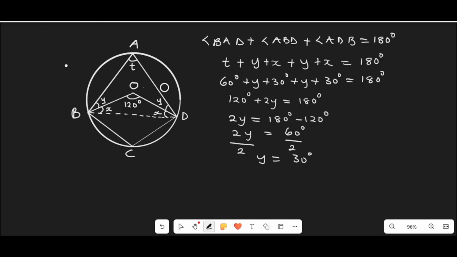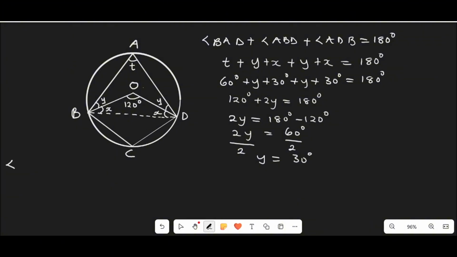Now let us determine our angle ADC. Before we know angle ADC, we must calculate angle BDC. I want you to know that opposite angles of a rhombus are equal to each other, which means angle BAD is equal to angle BCD.